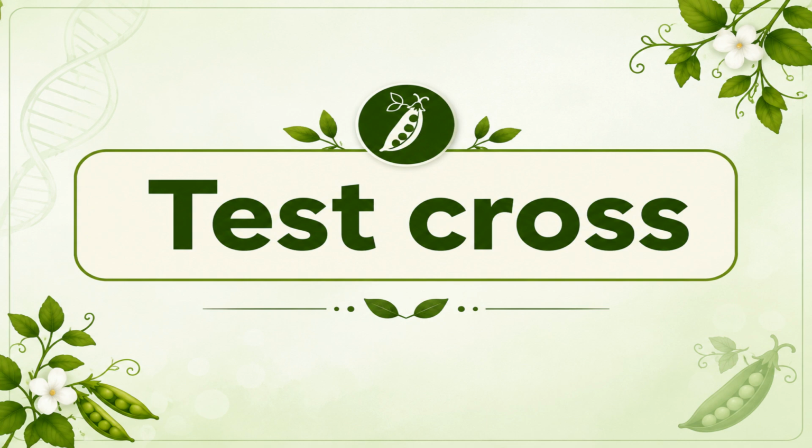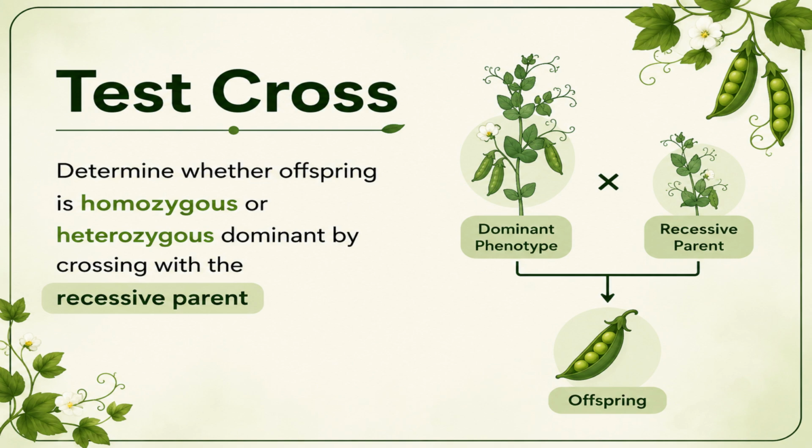To solve this problem, Mendel performed a special type of cross called test cross. A test cross is used to determine whether an individual showing a dominant trait is homozygous dominant or heterozygous dominant. In this cross, the organism showing the dominant trait is crossed with a recessive parent. Why only the recessive parent?